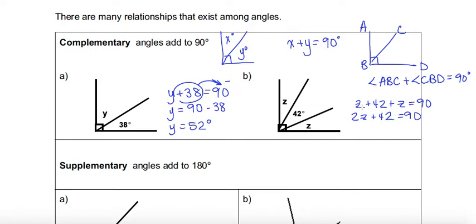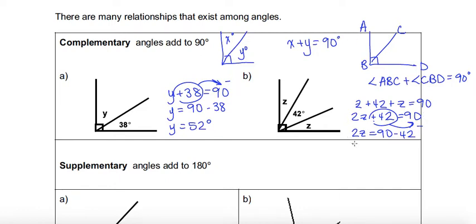You'll notice that for the Z's, I put a little line in the middle so I don't confuse them with my 2's. And now I want to solve this using what I know about solving equations. So I'm going to move my 42 to the other side and subtract it. So I have 2Z is equal to 90 take away 42. And 90 take away 42 is 48.